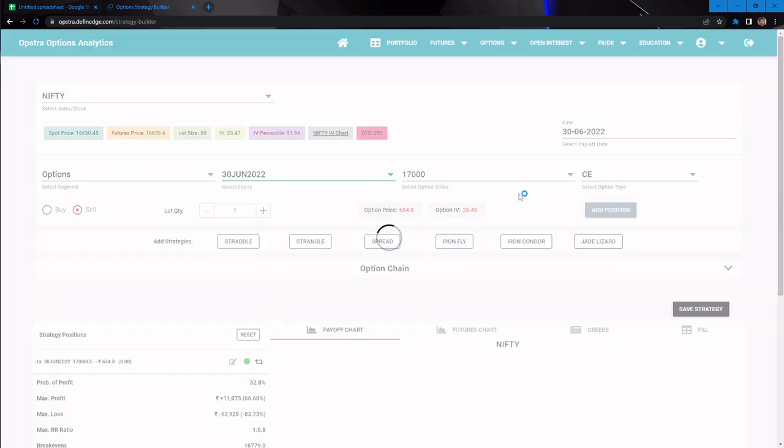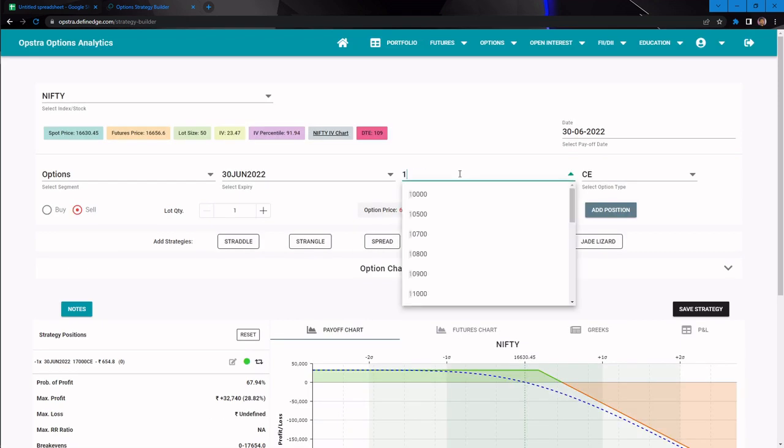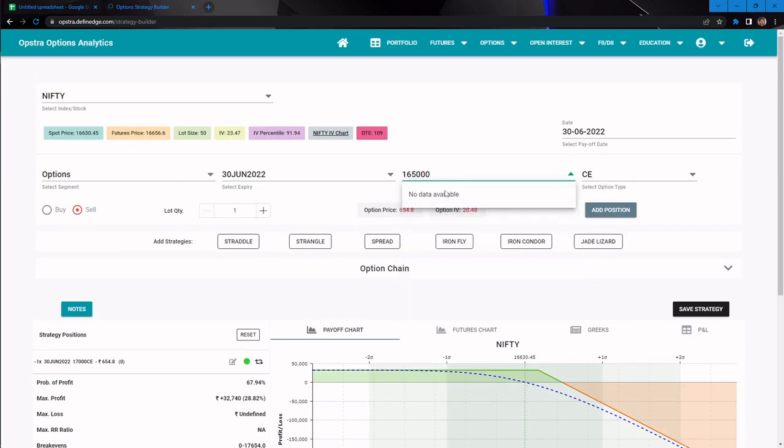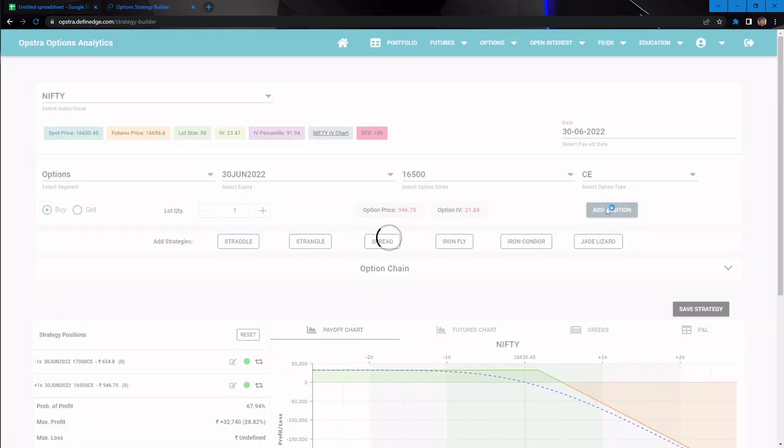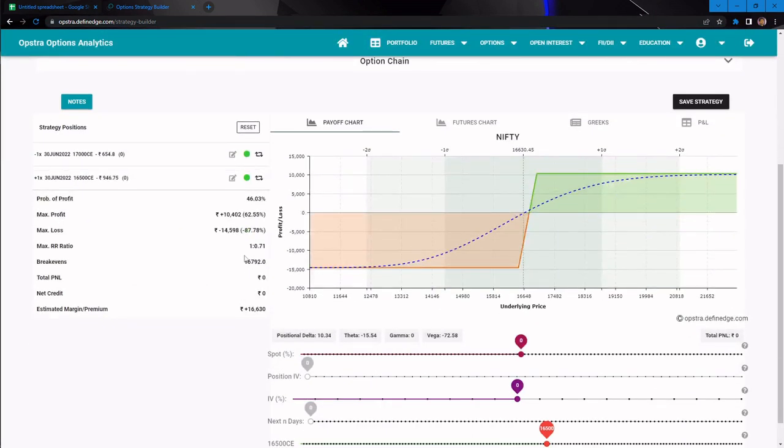So 17,000 you will be selling it, and 16,500 you will be buying it. Okay, same thing, and see what is your profit and what is your loss.